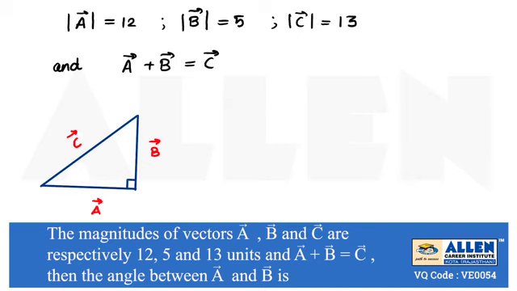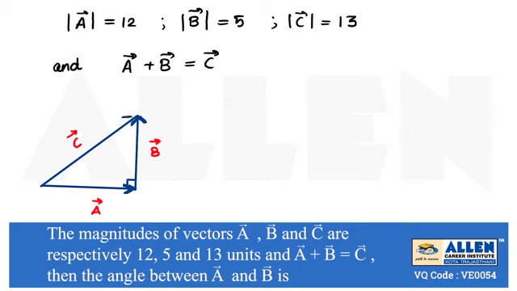Now we will draw arrows to see how it converts into a triangle law. So A vector plus B vector, suppose I have considered A vector in this direction. Now on continuation we will draw B vector, meaning the head of A will coincide with the tail of B. Now we will draw C vector, that is the resultant, meaning the tail of A vector, that is the first vector, will have the tail of C vector, and the head of B vector will have the head of the resultant vector.